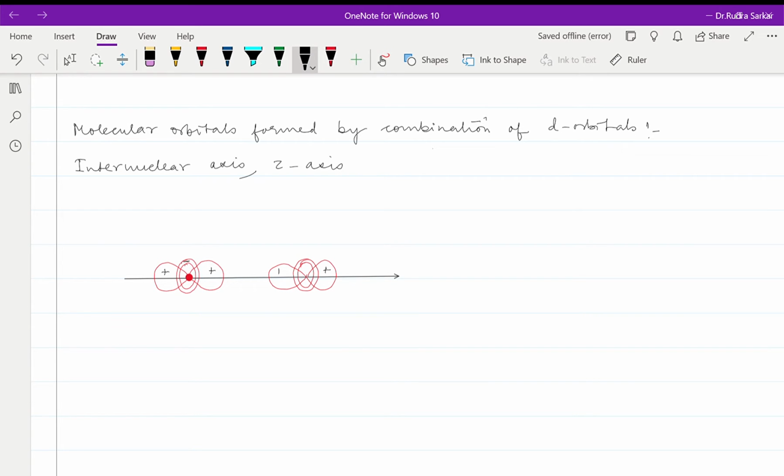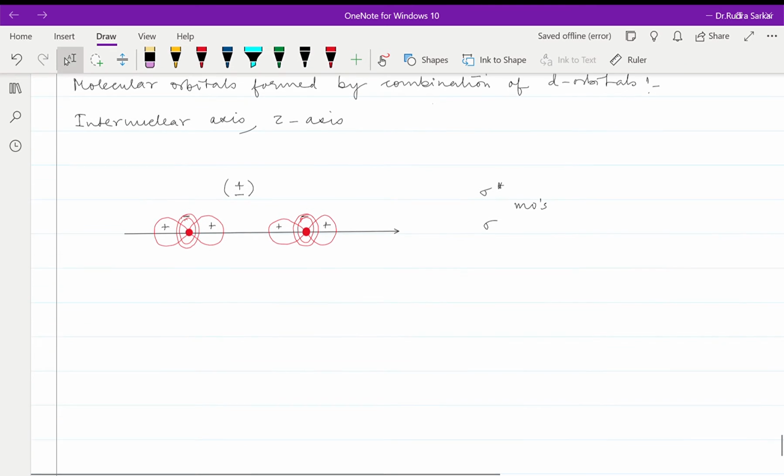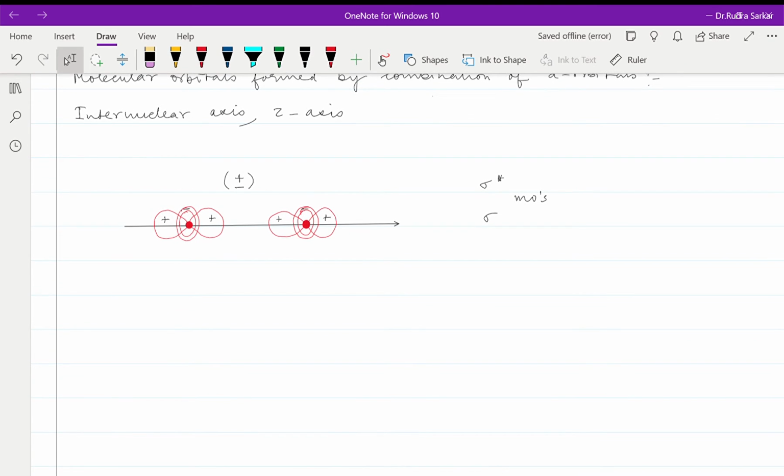Okay, so if these dz square orbitals are combining, they can combine again in the plus means bonding fashion, or in the minus anti-bonding fashion, and that will lead to the formation of sigma and sigma star molecular orbitals. Okay, so dz square, when they combine, they form sigma or sigma star orbitals.